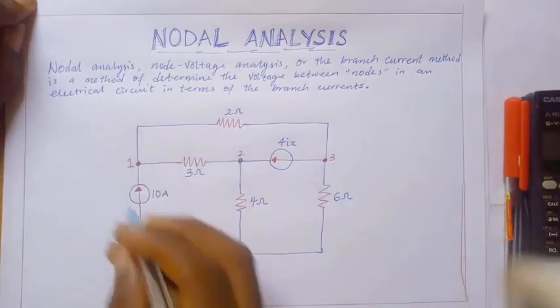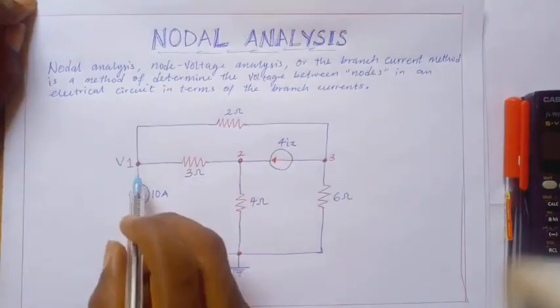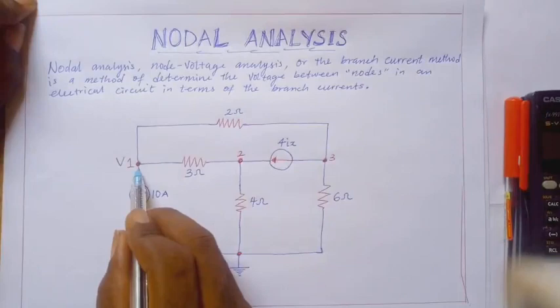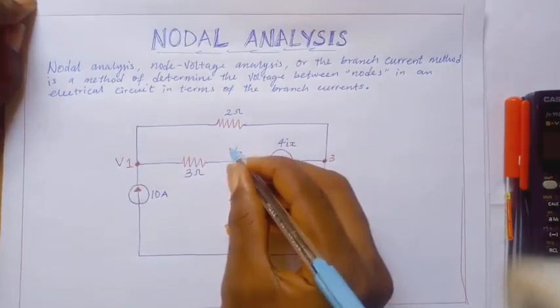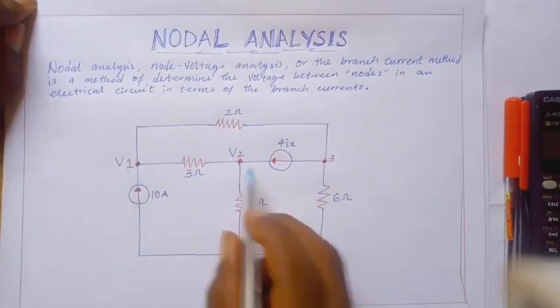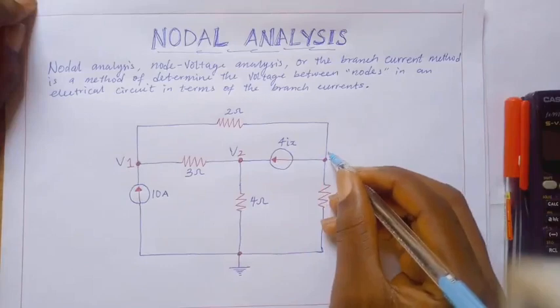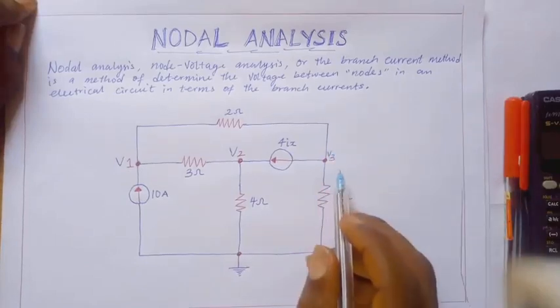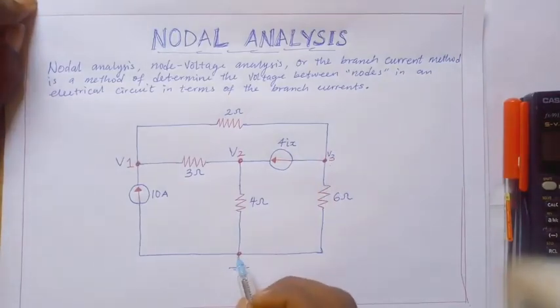So we can say this one is V1. That is, we are going to calculate the voltage that drops here. And V2. You can name it anything, A, B, C, D, like I said earlier. And this one is V3.